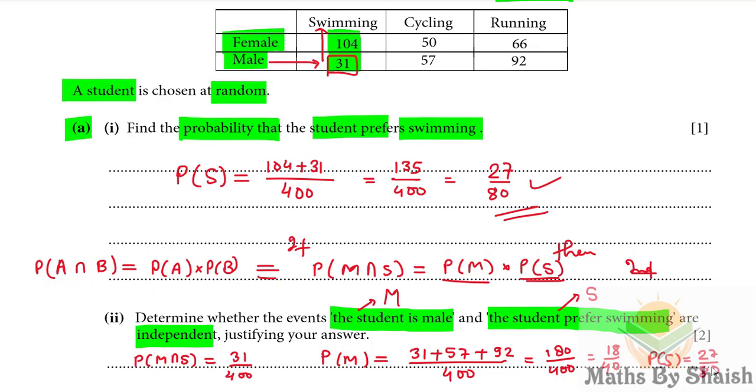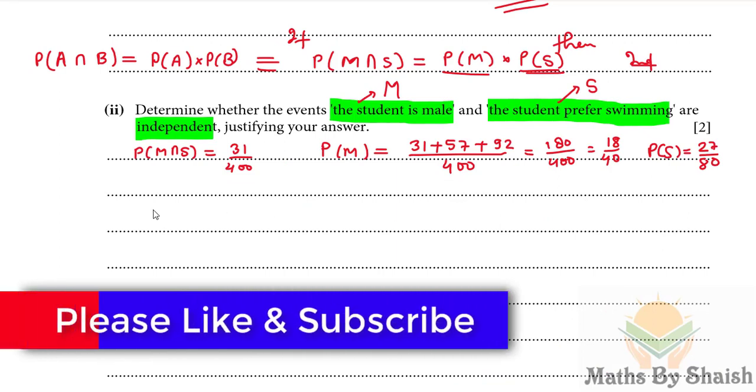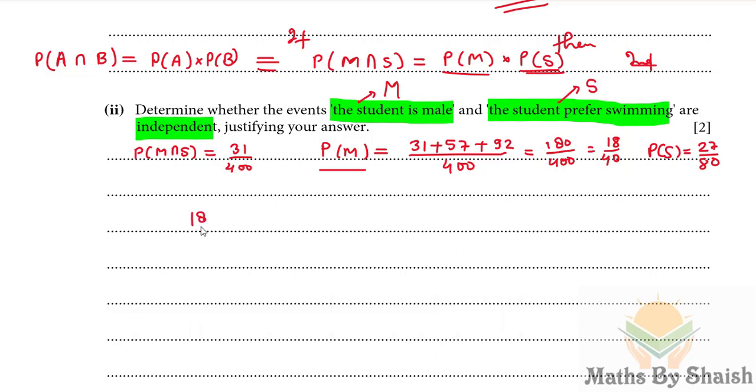Let's calculate now. We calculate the product of these two probabilities: 18 over 40, which is probability of M, times probability of S, 27 over 80. So 18 divided by 40 multiplied by 27 divided by 80 comes to 243 over 1600, and this is certainly not the same as 31 over 400.